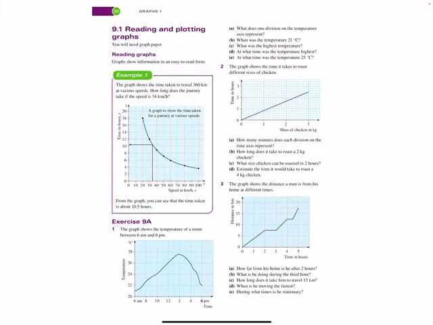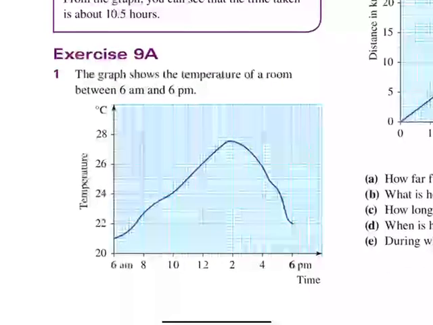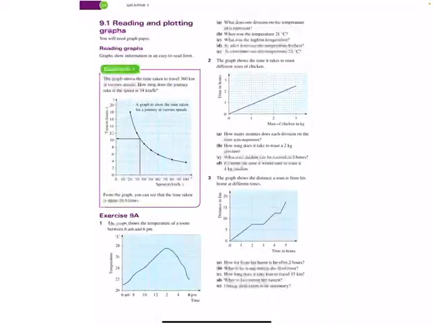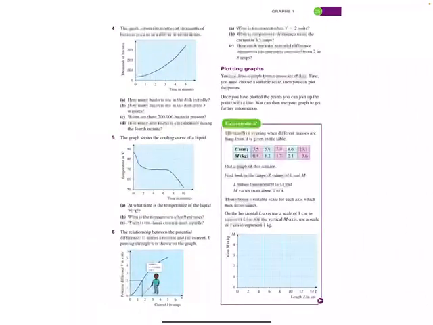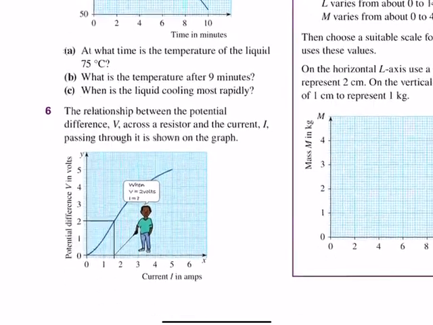So, recommendations for 9.1: always make the first one and the last one. So for example, in 9.1a, you make 1 and you make 6.